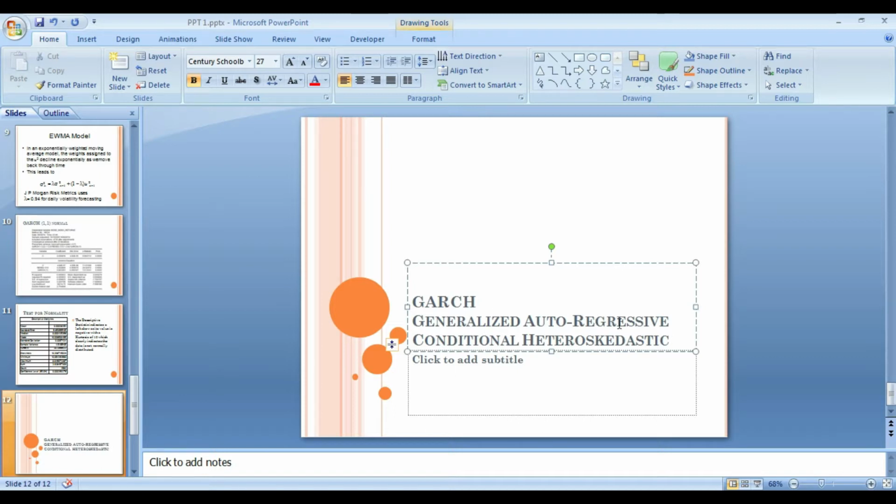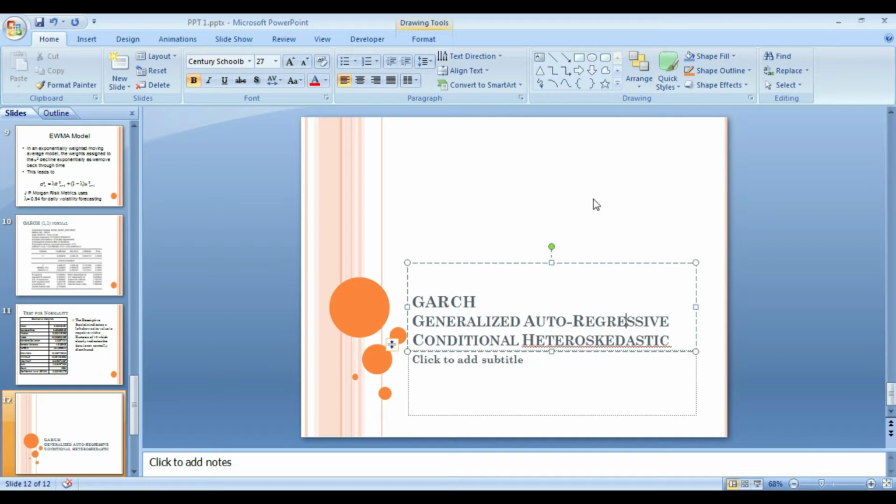My spelling for heteroscedastic could be wrong. Anyways, so GARCH is basically this thing. So generalized, it's obviously generalized, a simple model, and autoregressive. Autoregressive, which is AR, is basically where you are regressing or estimating your forecasted values based on the previous values or the historical set of values, as we have seen in the JP Morgan risk matrix formula estimation as well.